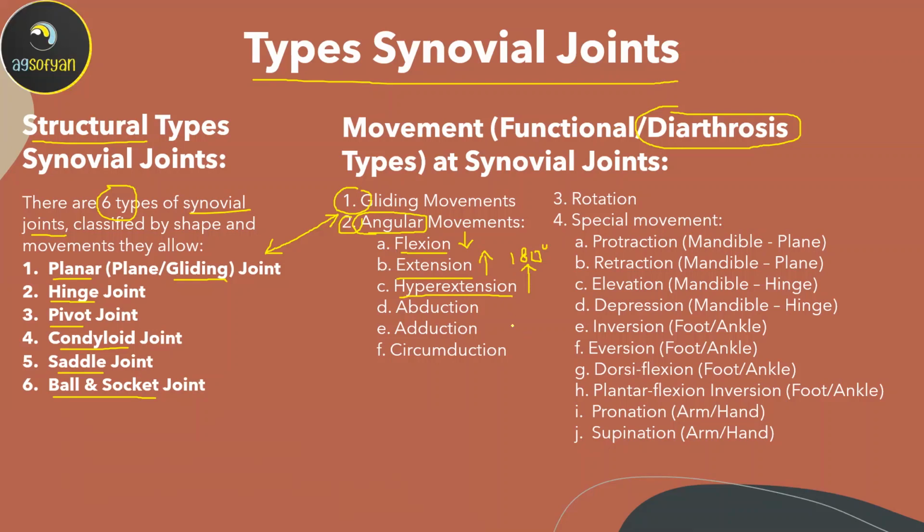Usually you cannot do it with your elbow because your elbow only gives a highest angle of 180 degrees, which is the straight line. You cannot perform hyperextension with the elbow, but you can perform it with, for example, your hip joint. We're going to see the examples later.